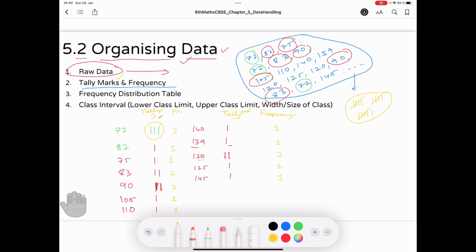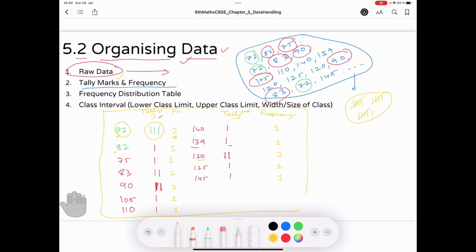So that's how this is our frequency distribution table. We write the frequency corresponding to a data point. 72 heartbeats per second, how many times has it come? 3. So we write which data has come how many times in the given data, and that is the frequency of that data. 72 came thrice, so its frequency is 3.